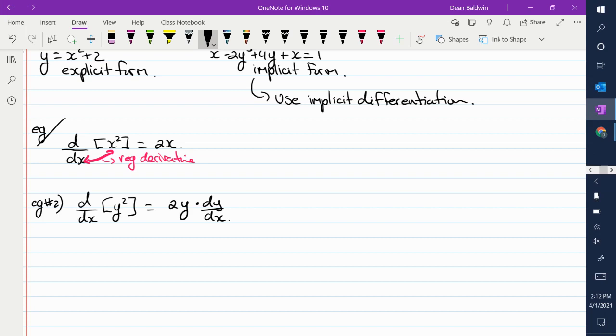Yes, well, this isn't even an equation yet. We're going to get to equations that you have to solve for it. I think Torsten did a bit of that earlier. So yes, essentially you take 2 times y and you multiply by the derivative.